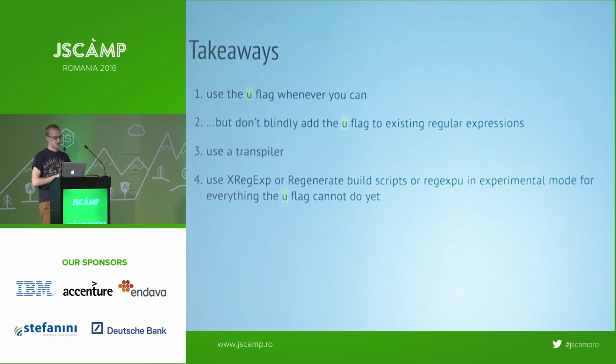And finally, you should use XRegExp or regenerate build scripts or regexpu in experimental mode with the experimental property escape syntax to do anything that the u flag cannot natively do yet. And well, you could also just cross your fingers for this functionality in the next version or some future edition of ECMAScript. That would be nice to have.